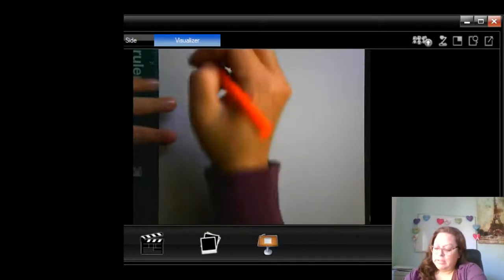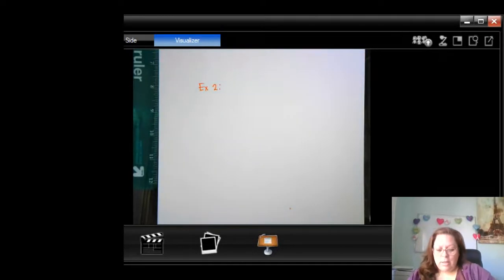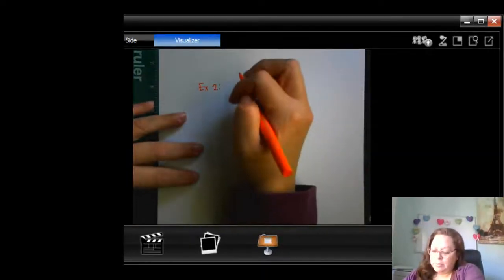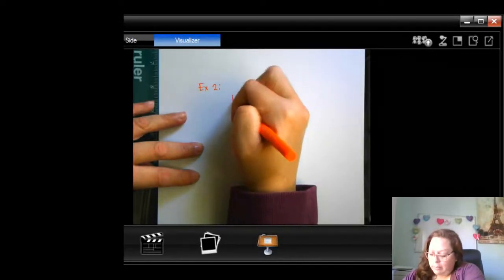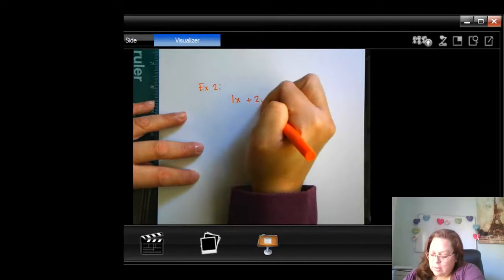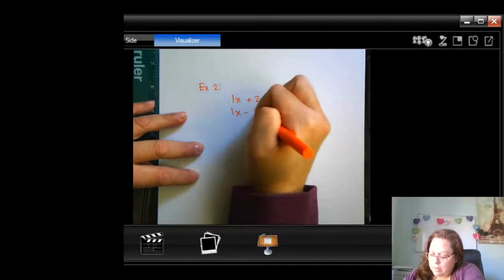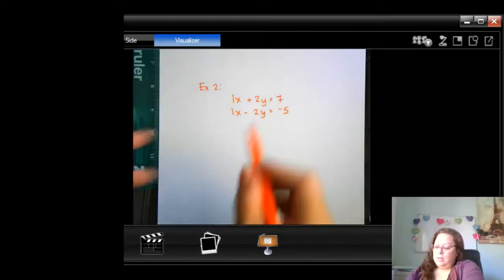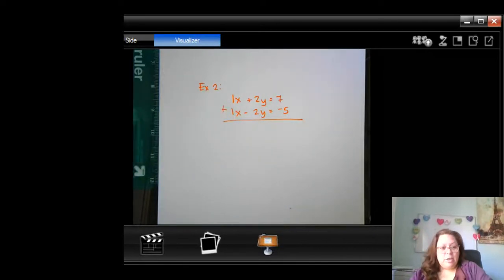Let's do example 2. Now for example 2, again, you're going to be looking into eliminating that variable. So add the two equations together, linear combination.